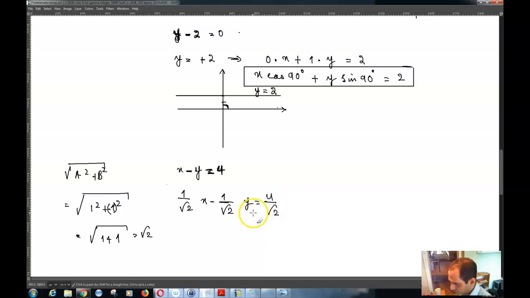square root of 2. And now you can say that cos of omega is equal to 1 over square root of 2, and sine of omega is equal to negative 1 over square root of 2.